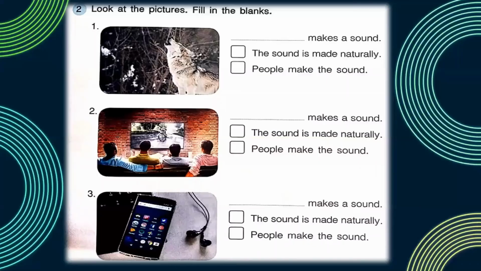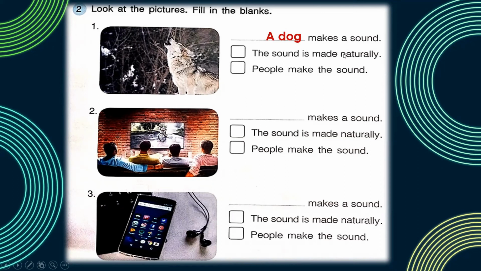And for the last activity, look at the pictures and fill in the blanks. We have three pictures, and we're going to fill in the blank and tick which box is correct. So for number 1, blank makes a sound. What is this animal? It is a dog. Very good. A dog makes a sound.